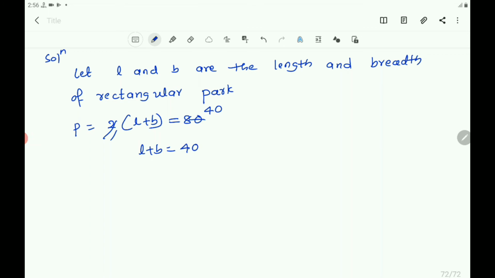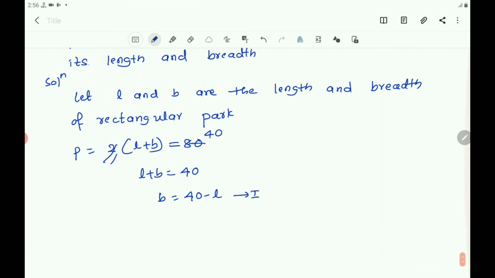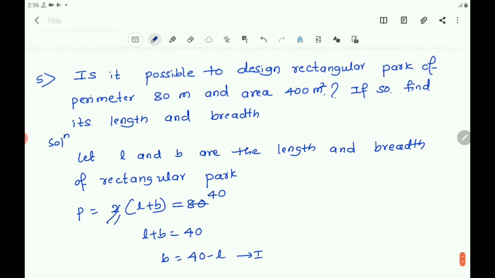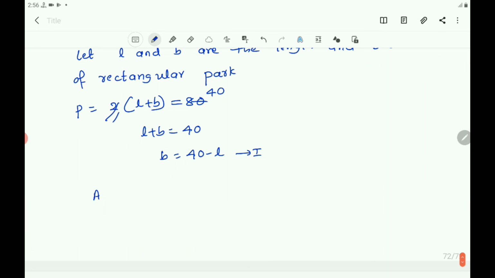Converting it, you get B equals 40 minus L, or L equals 40 minus B. Next, the area is given as 400 m square. So area equals L into B, that is 400 m square.